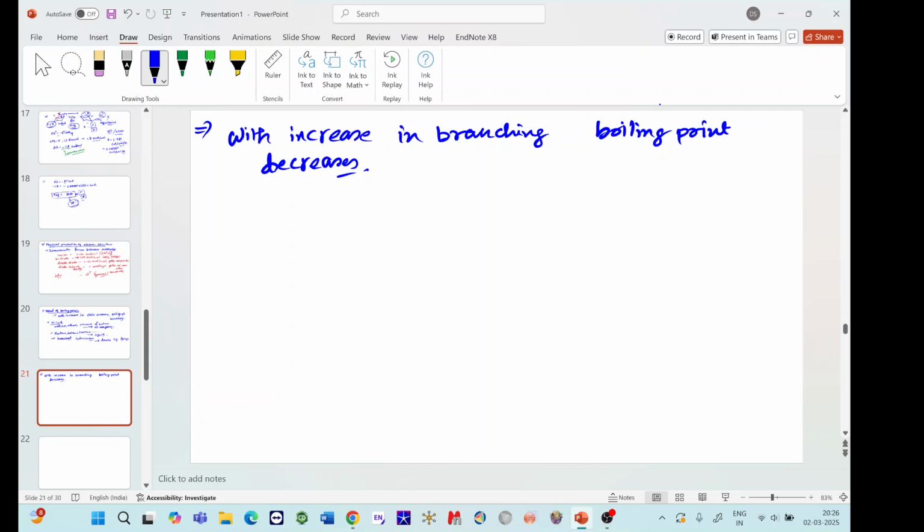Why? Suppose you compare this one, 1 2 3 4 5 6, it's n-hexane. Now if you increase the branching, 1 2 3 4 5 6, so this is a little bit more, sorry.